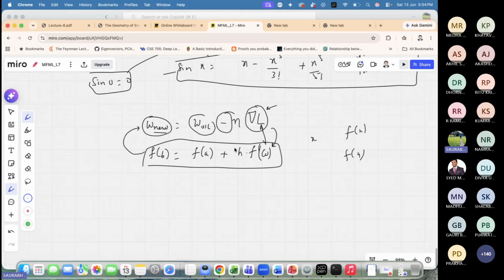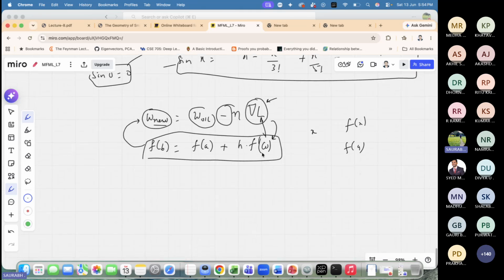The negative sign comes from basically this: when we take the gradient, let's say this function would have been a multivariable function, then we would have taken the gradient and written the Taylor series like this: f of b is equal to f of a plus h times the gradient of the function.